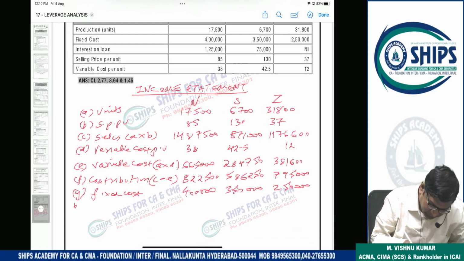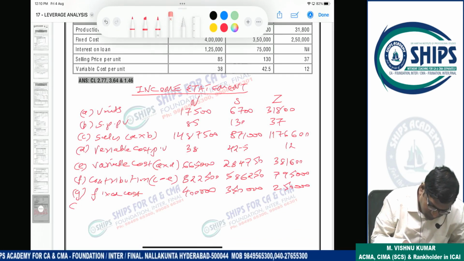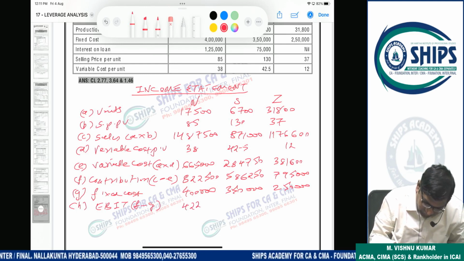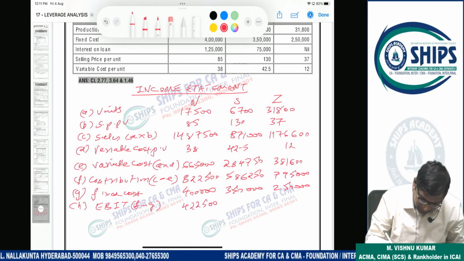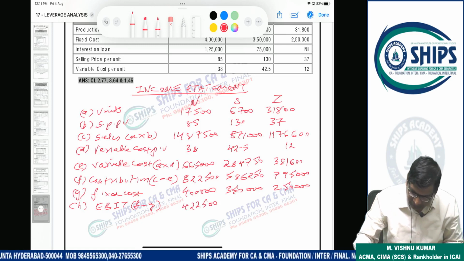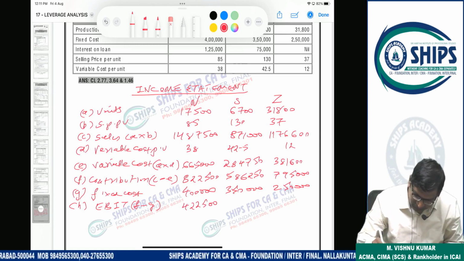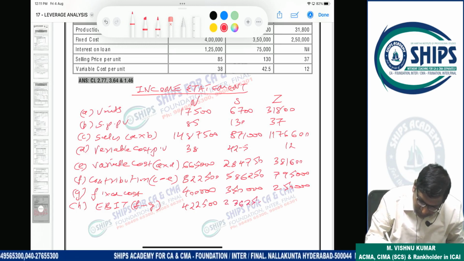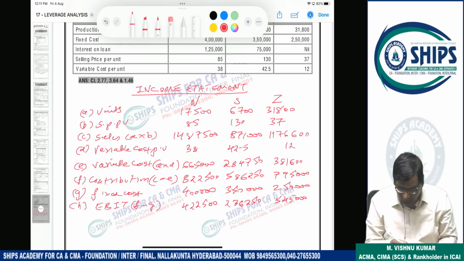Okay. Now contribution minus fixed cost, EBIT. 4 lakh 22,500. Next 2,36,250. This is your EBIT. Okay.